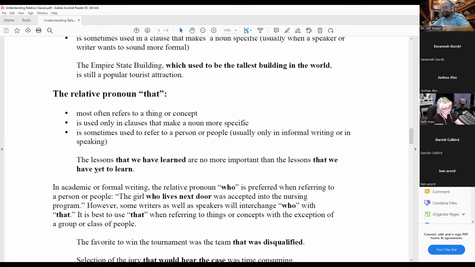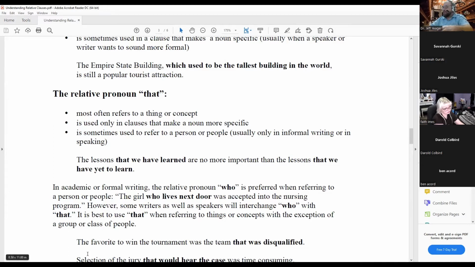So this is the main thing you got to know with this. If it's information that can be removed, use which with a comma. If it's information that, if kept, keeps the meaning of the sentence intact, use that.